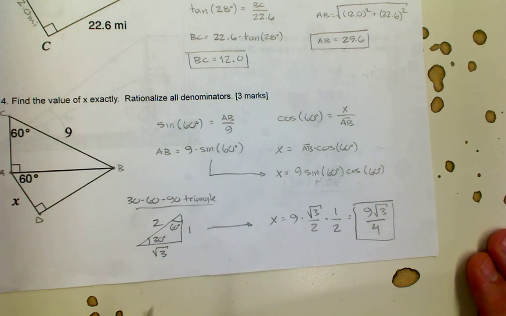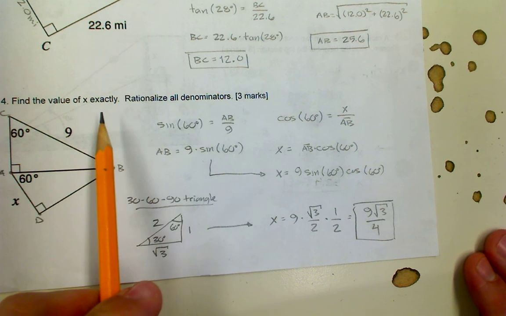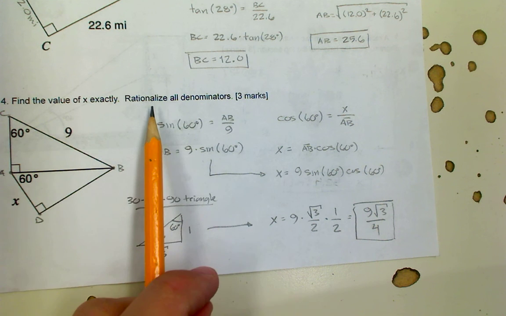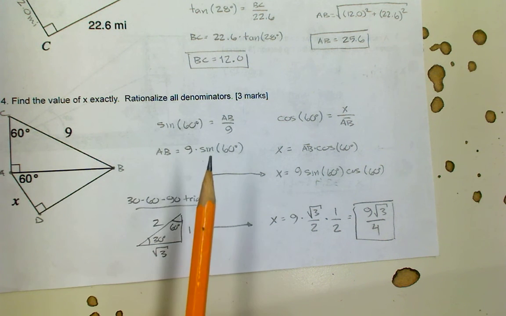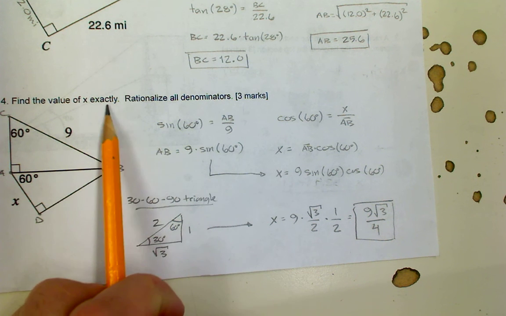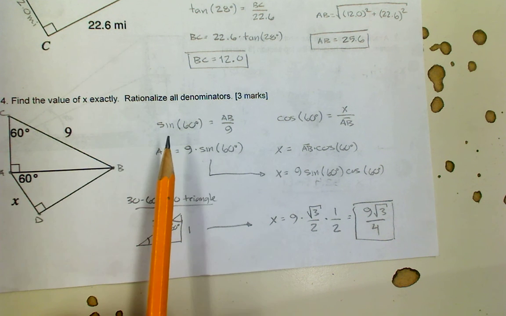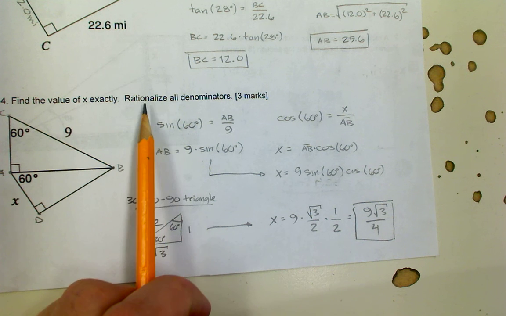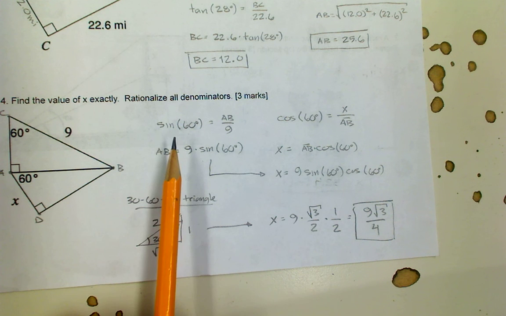Before, I'm asked for an exact solution, and I'm also given this clue about rationalizing any denominators. And so those are clues that I'm going to have probably a square root in my solution because I'm rationalizing, and also when it's exact, we're going to leave it in fraction form.